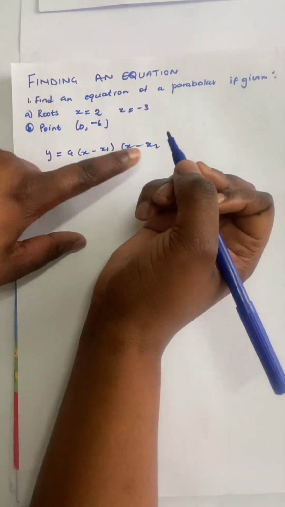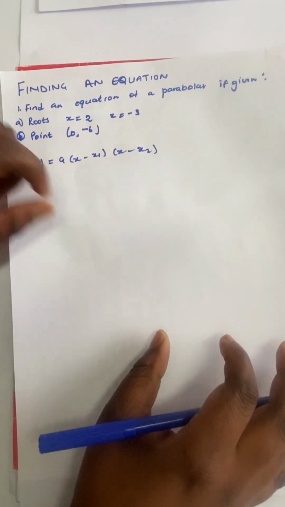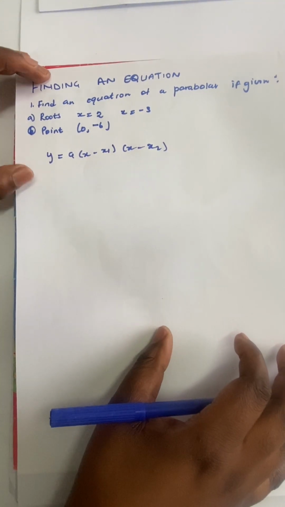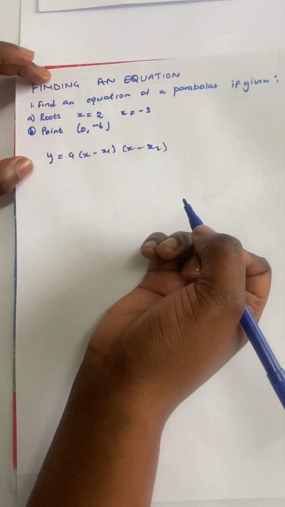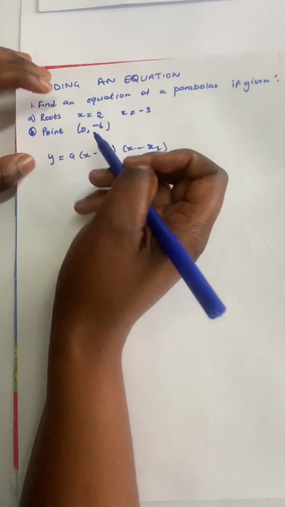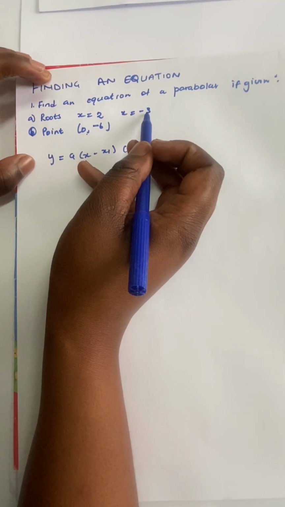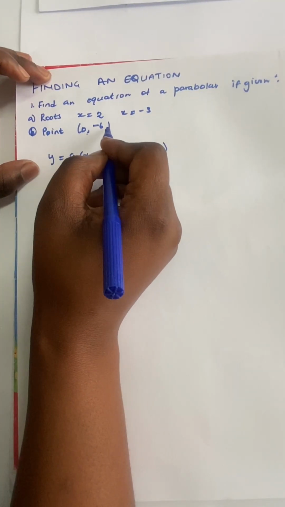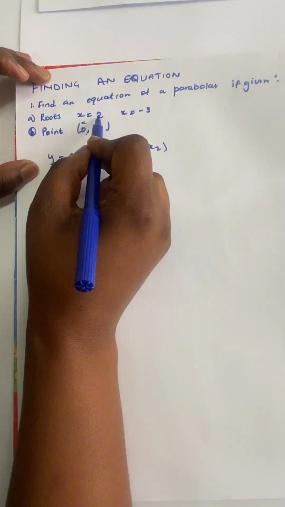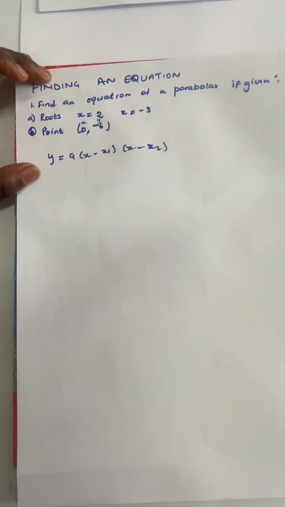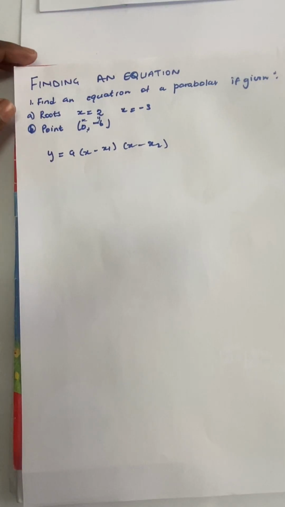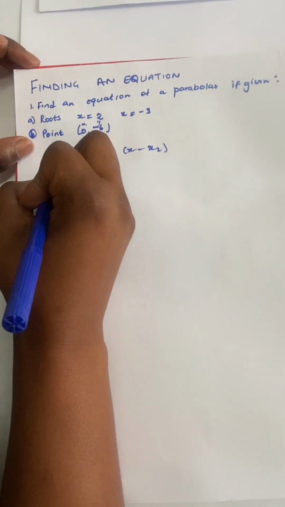Remember, this x1 and x2 are your roots. So what happens next? You're gonna substitute the point together with the roots. Let's start with this point. This point has your x value and your y value. That means your y will be -6.